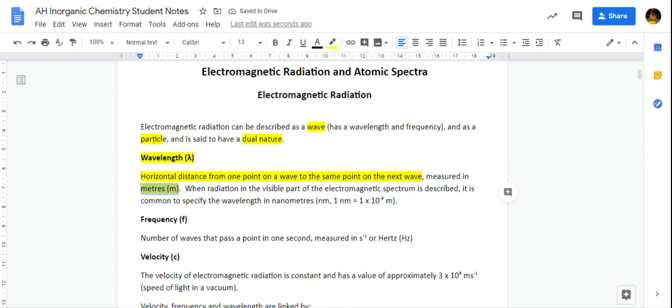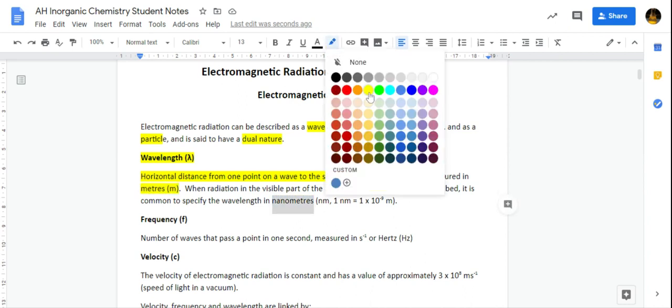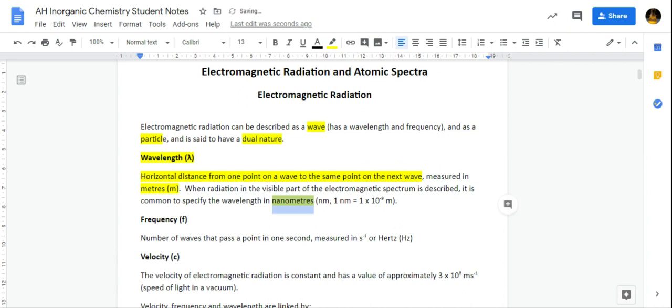Most of the time in chemistry we'll be referring to radiation in the visible part of the electromagnetic spectrum, and we don't tend to use the units of meters, we tend to use nanometers. 1 nanometer is 1 times 10 to the minus 9 meters. So to convert from nanometers into meters, you would multiply by 10 to the minus 9, and to convert meters back into nanometers, you would multiply by 1 times 10 to the 9.